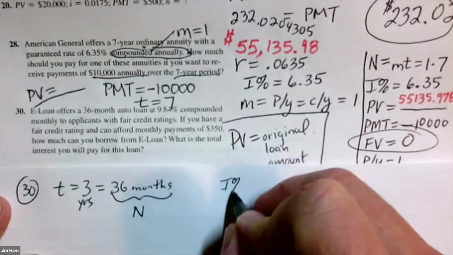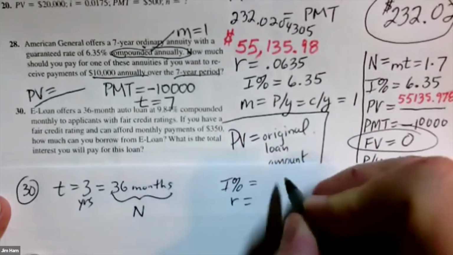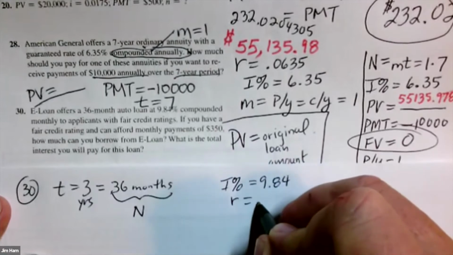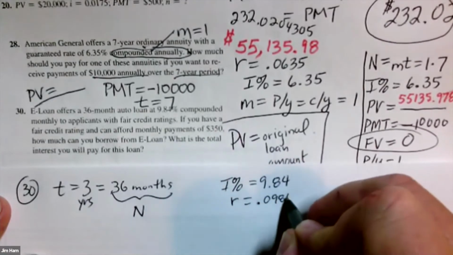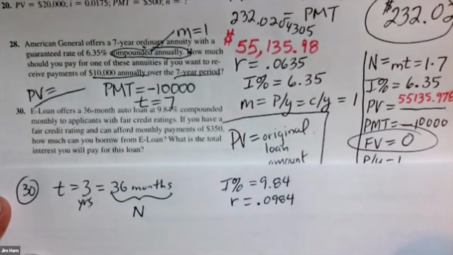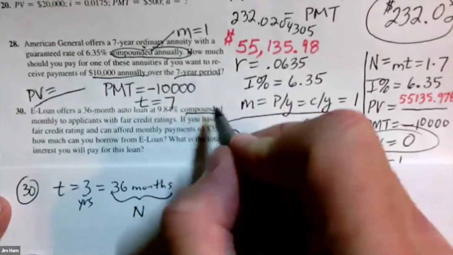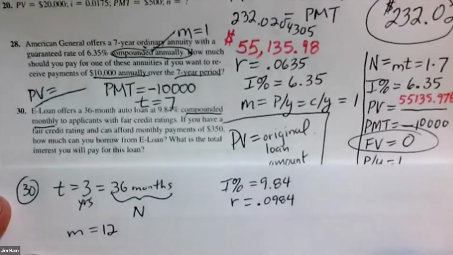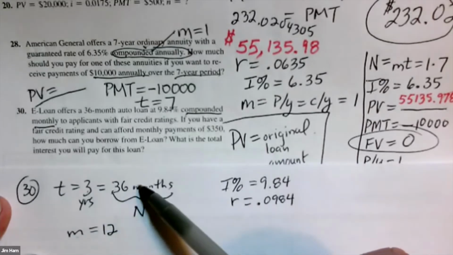The interest rate, 9.84%. If you use the formula, you'd have to enter in that same rate as a decimal number. Compounded monthly, so M is equal to 12. 3 times 12, M times T, is N.